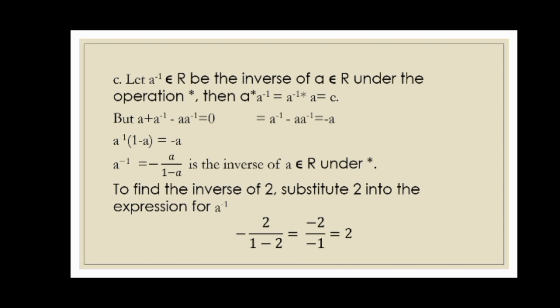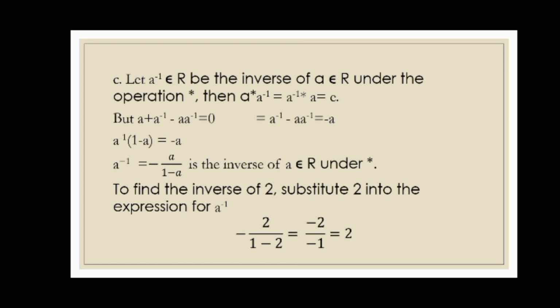But from our solution in B, we had 0 for our identity element, where E is equal to 0. So now this becomes our equation: A plus A inverse minus AA inverse is equal to 0.